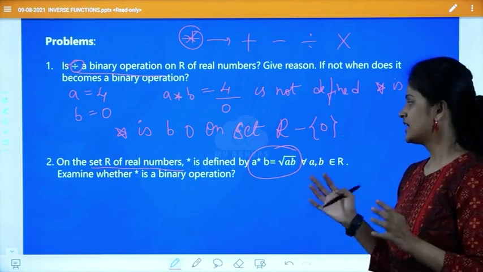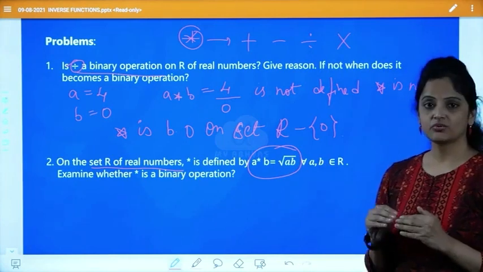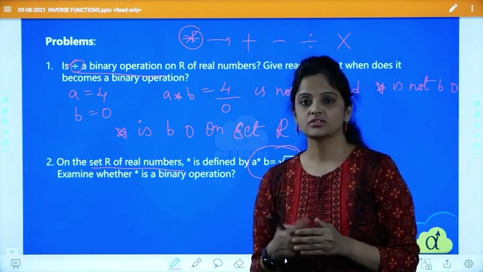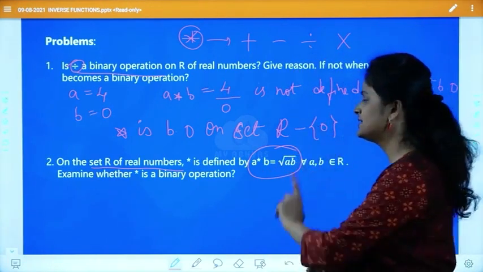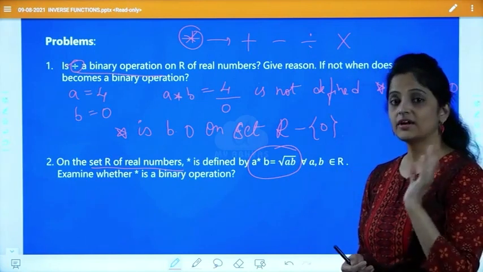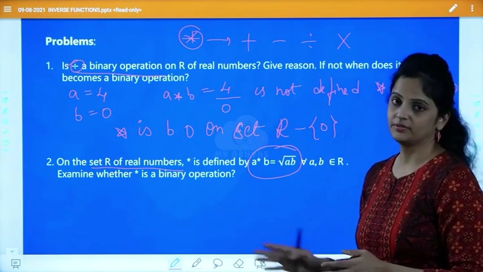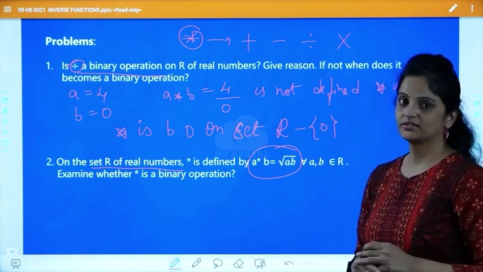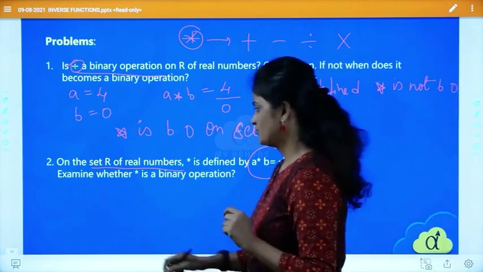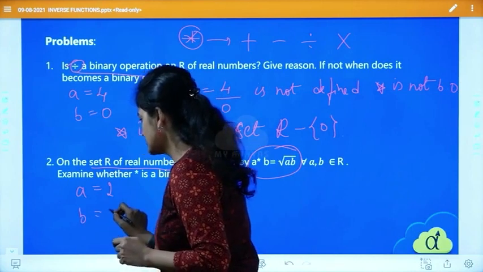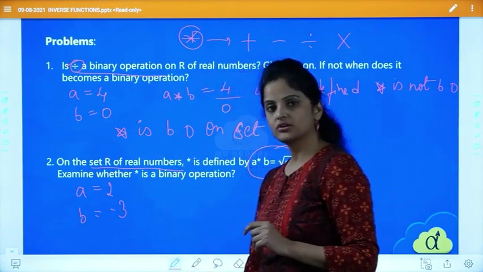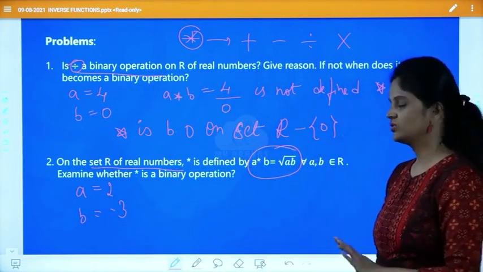Like in relation what we discussed, reflexive, symmetric and transitive, don't tell me one example where it is a binary operation. Tell me one example where it cannot be. One example is enough. A is 2, B is -3. Suppose you take one positive number, one negative number.